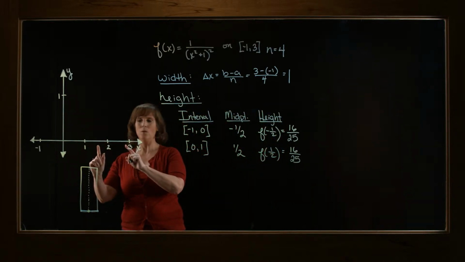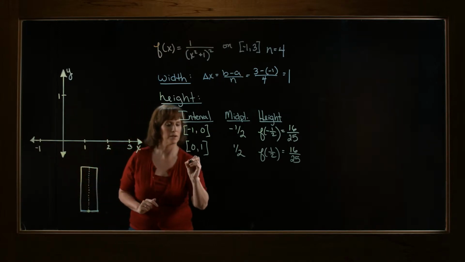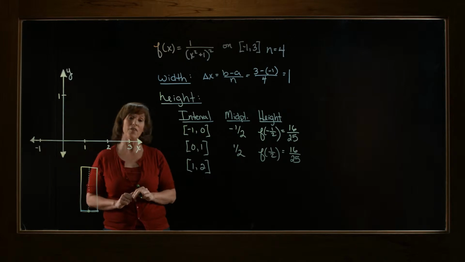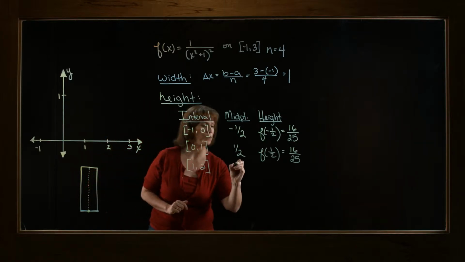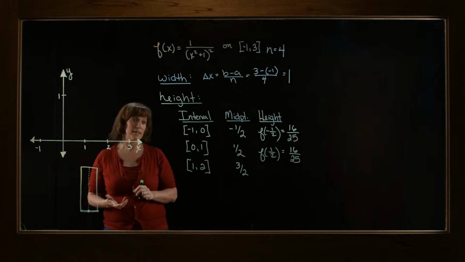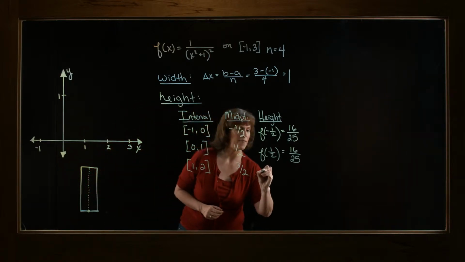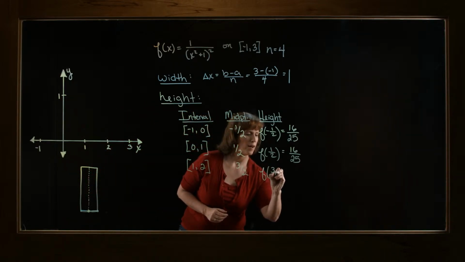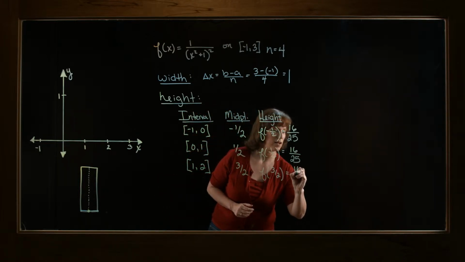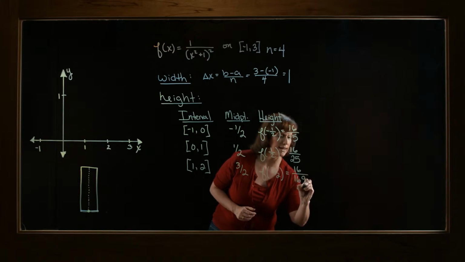The next interval will be the interval from 1 to 2. Adding these together, I have 3 divided by 2 for the midpoint, or 3/2. Calculating the function value, I have f of 3/2, and that's going to be 16 all over 169.